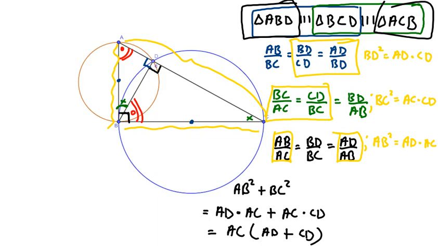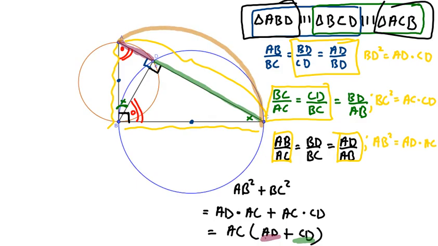I want you to see now what happens. Watch this. AD is this portion here. This is what AD is. CD is this portion here. That's what it is. But this entire portion is actually AC.